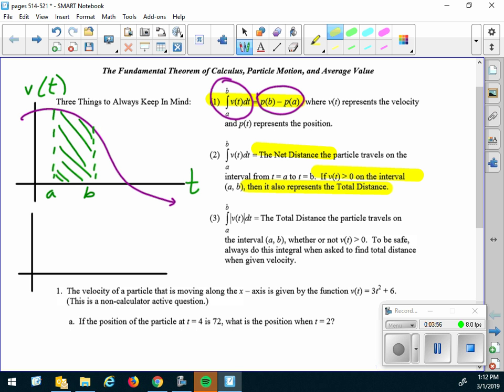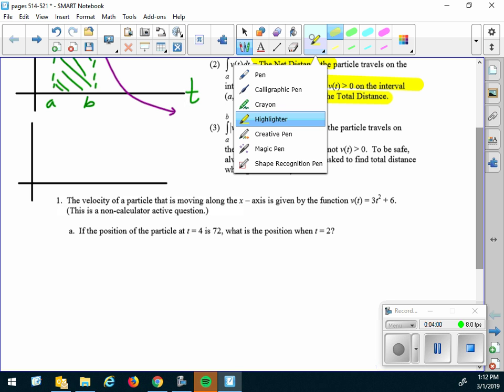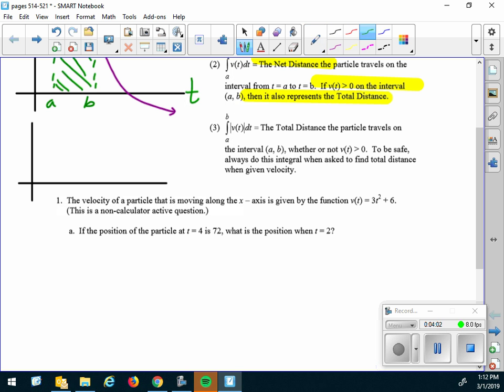Now let's talk about what if we had to change direction. Let's draw a picture down here. I'm going to draw kind of a similar picture. But what I'm going to do is make A be here, and I'm going to let B be right here.